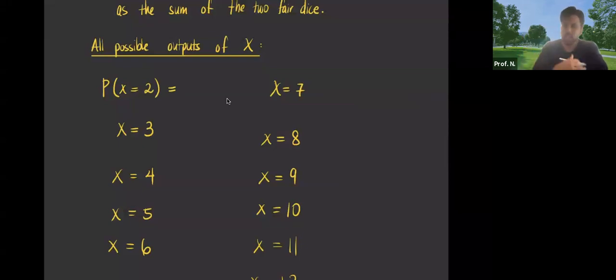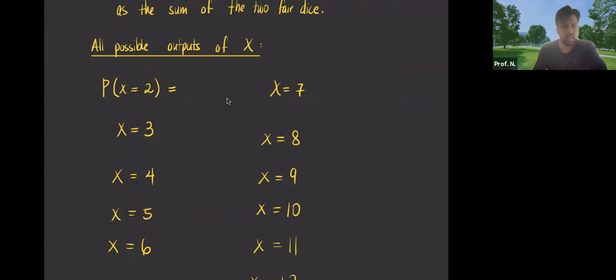So again, we've done this already, but now we're giving it more of an algebraic flavor. So instead of saying, hey, what's the probability of rolling two fair dice so that the sum of it equals 2, I'm saying, hey, let's define X uppercase to be the sum of the two fair dice. And then we're saying, hey, what's the probability that X equals 2?